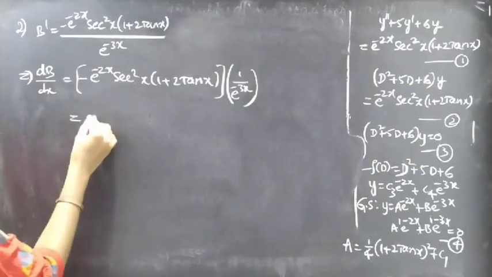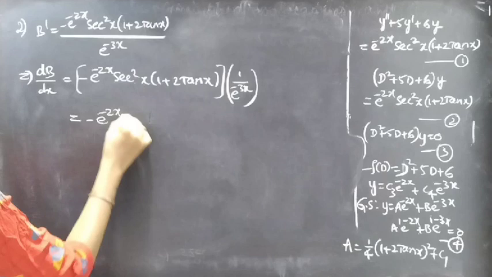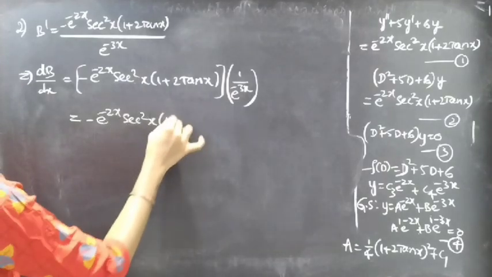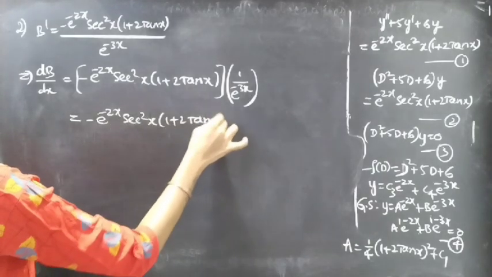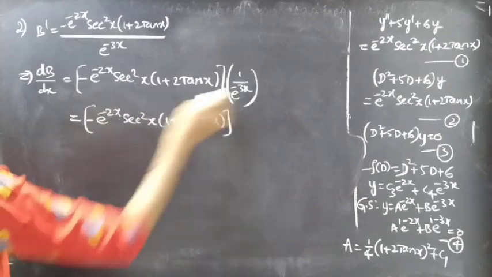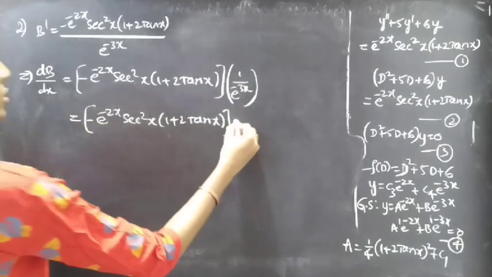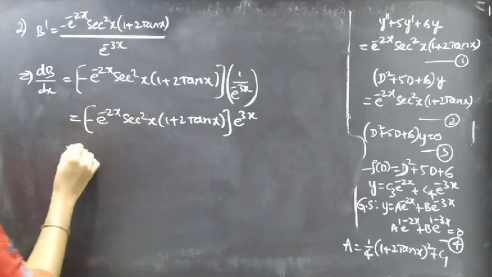This gives us minus e power minus 2x secant square x of 1 plus 2 tan x into the reciprocal of e power minus 3x, which is e power 3x, right?